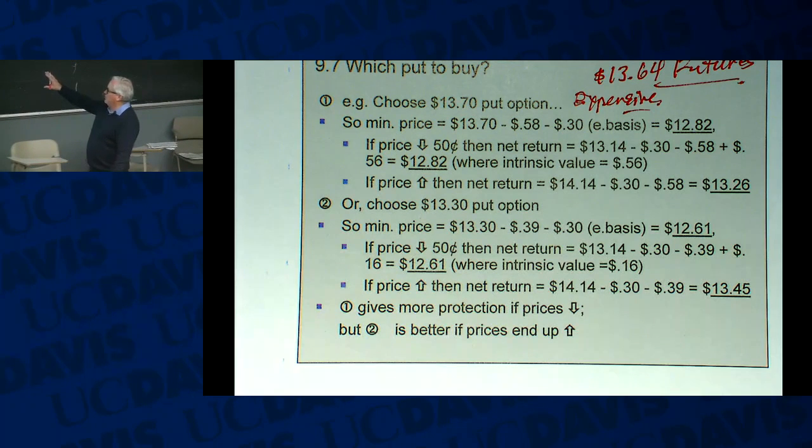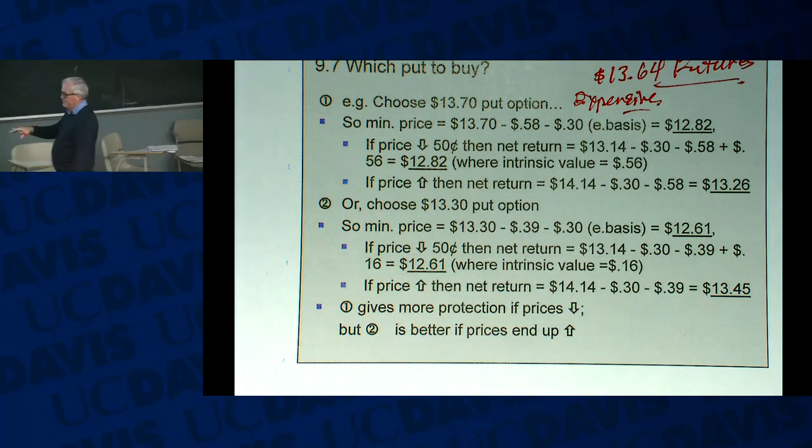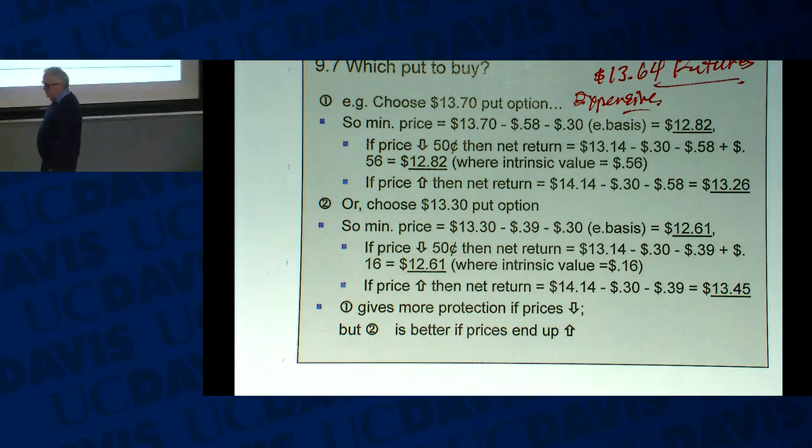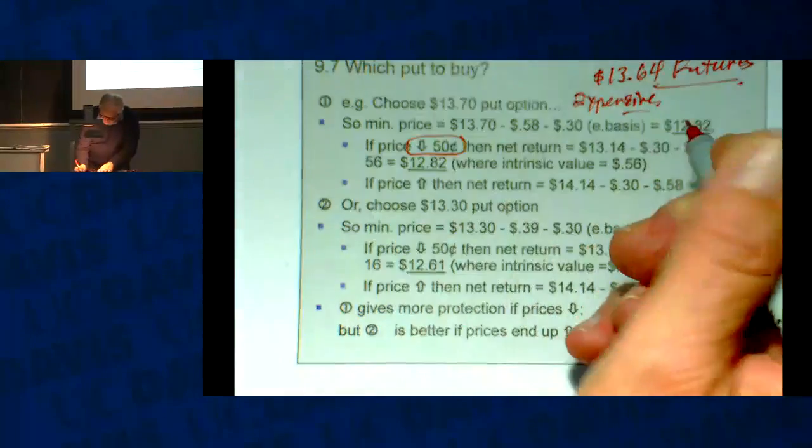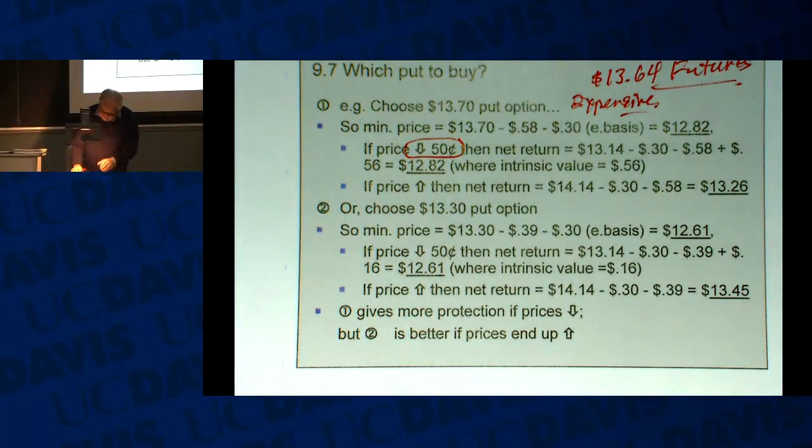So that's what we're going to do. On this table, number 1 up top is the expensive option. Prices falling, prices rising. Number 2 below is a cheap option. Prices falling, prices rising. So if you buy the expensive put and prices fall by 50 cents, then futures come down to $13.14.